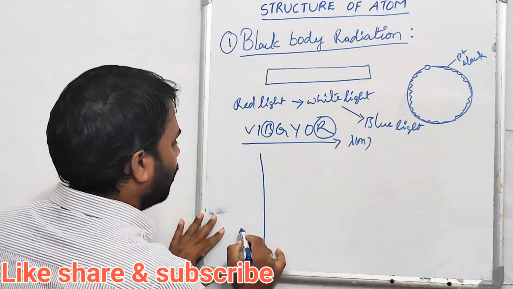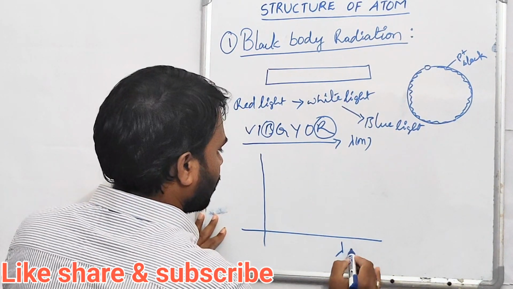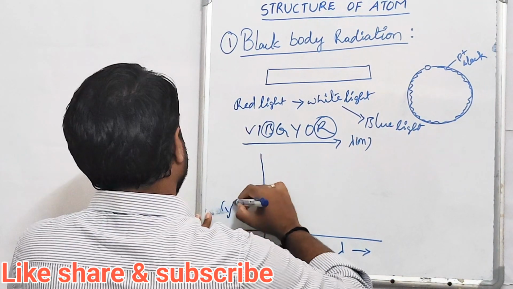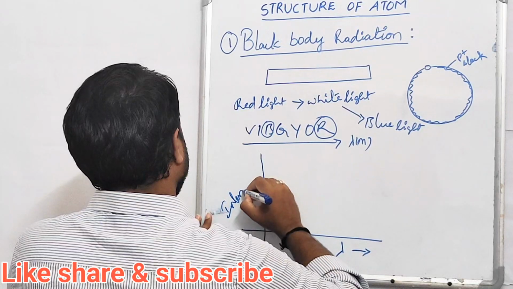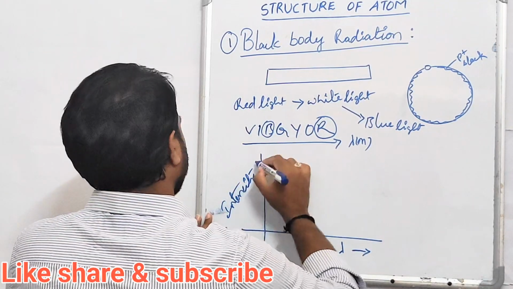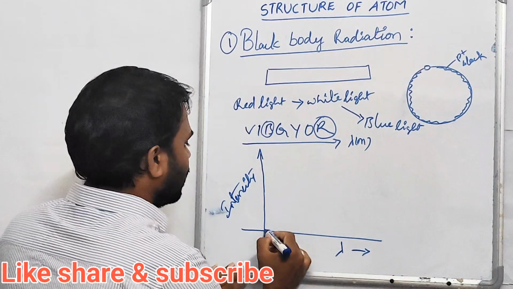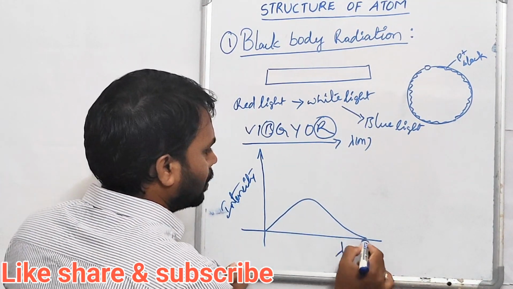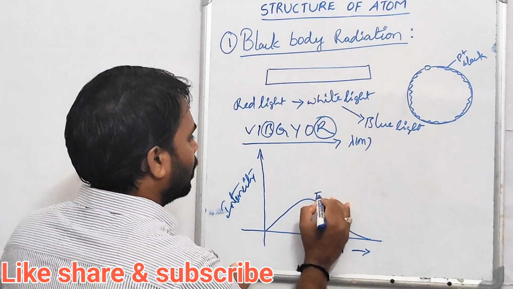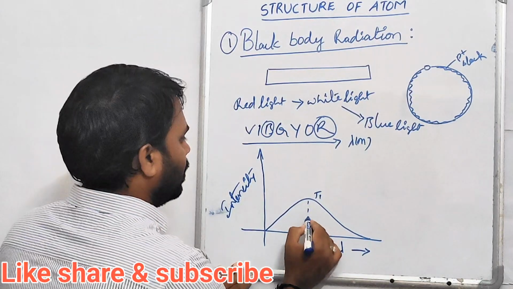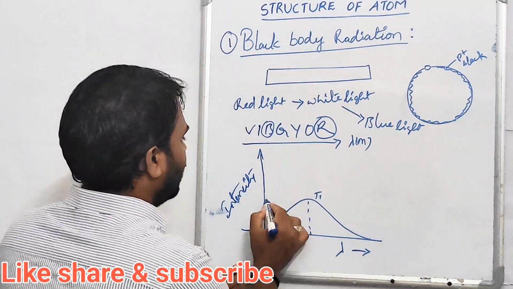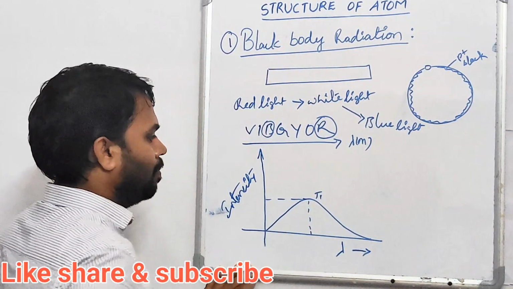Intensity versus wavelength. At temperature T1, the graph is like this. And at this wavelength, intensity reaches maximum.